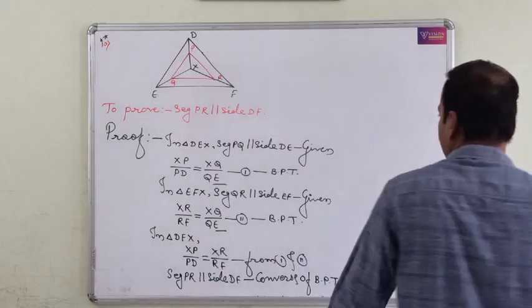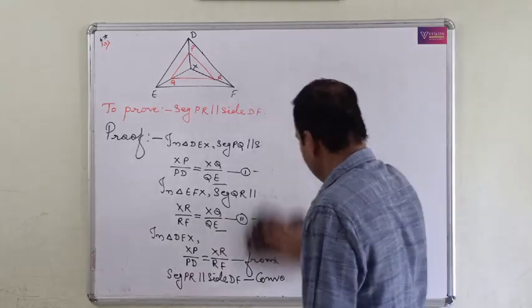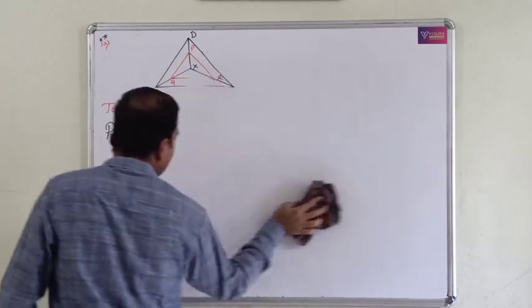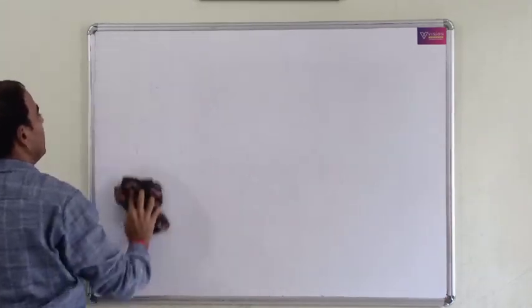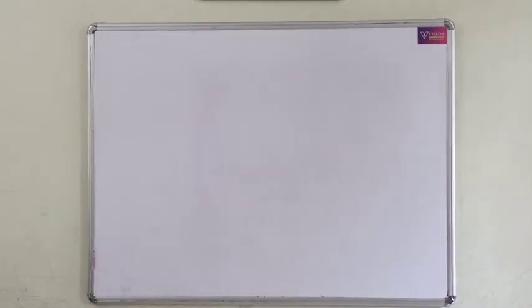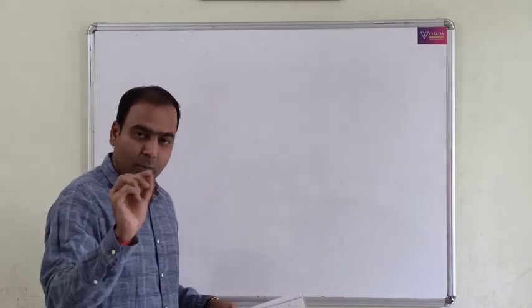Then we're taking the next one, the last question of practice set 1.2, the 11th question. It is a star. What does that indicate?